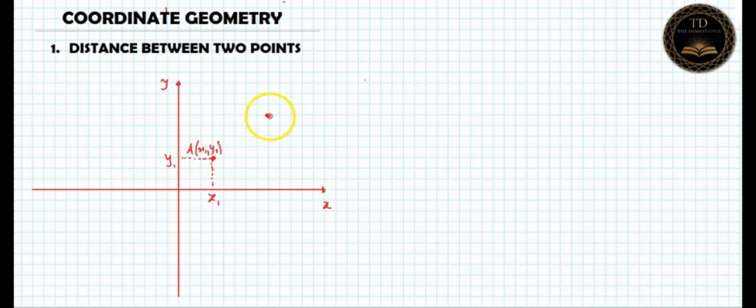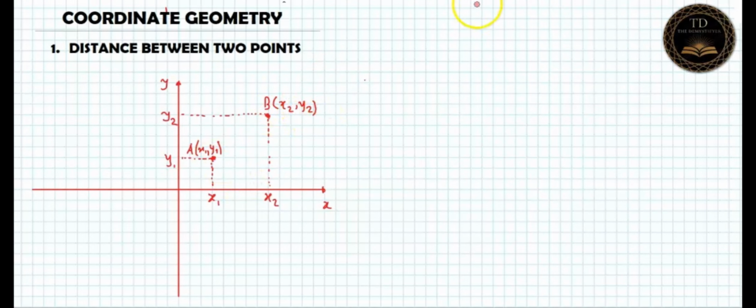Then let's call this point B, with x2 on the x-axis and y2 on the y-axis. And so the coordinate of point B would be x2, y2.